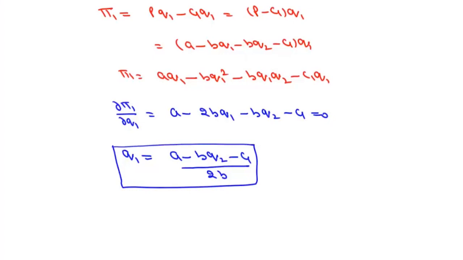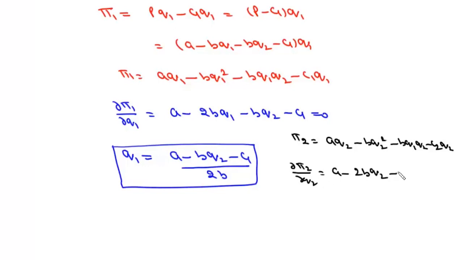In the same way, the profit function for firm 2 is pi 2, given by AQ2 minus BQ2 square minus B Q1 Q2 minus C2 Q2. Again, del pi 2 upon del Q2 will be A minus 2BQ2 minus BQ1 minus C2, equal to 0.